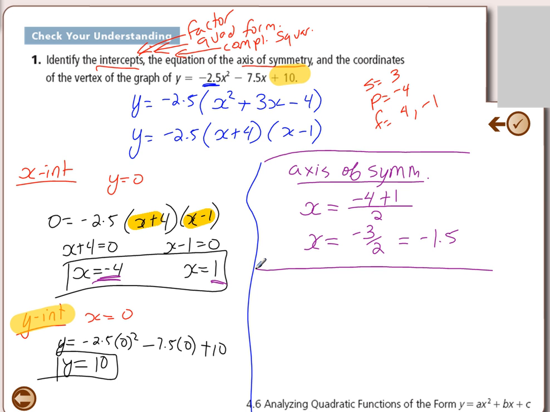Last thing, I need the coordinates of the vertex. I have my x-coordinate of the vertex. That came from the axis of symmetry. In order to find the y-coordinate of the vertex, we're going to plug this into the original function.